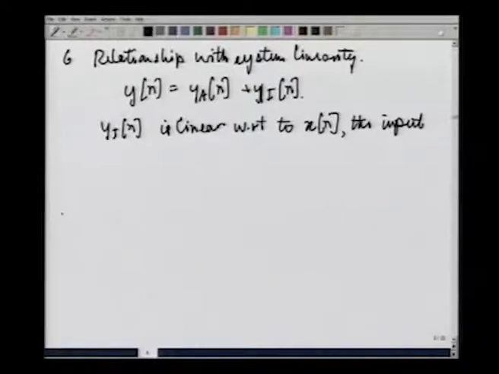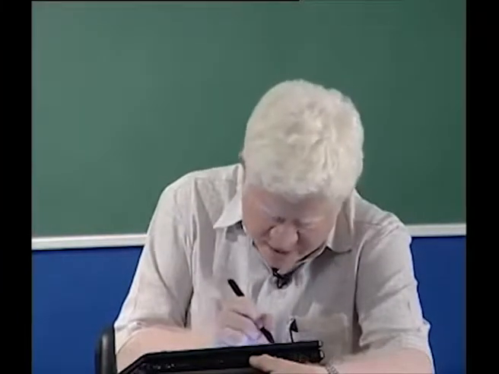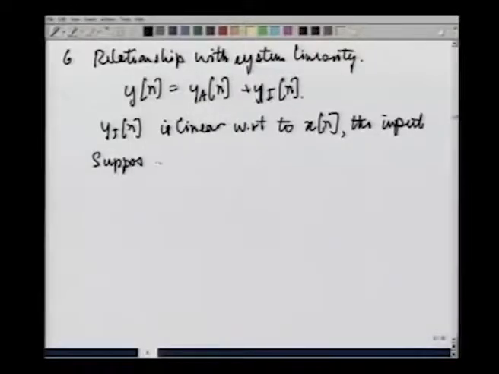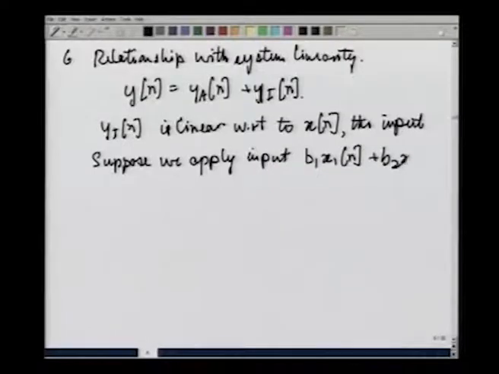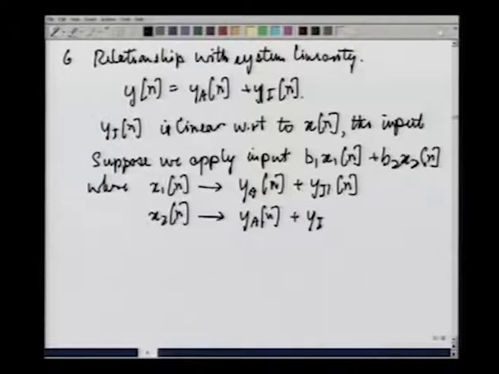So, that in place of x[n], suppose I apply x1[n] plus x2[n], or even more generally suppose I apply b1 x1[n] plus b2 x2[n], where x1[n] yields y_a[n] plus y_I1[n], and x2[n] yields y_a[n] plus y_I2[n].